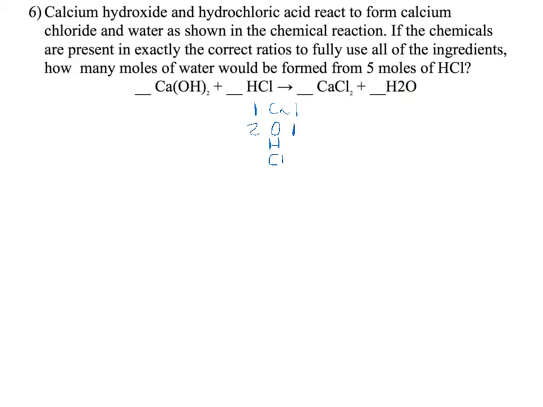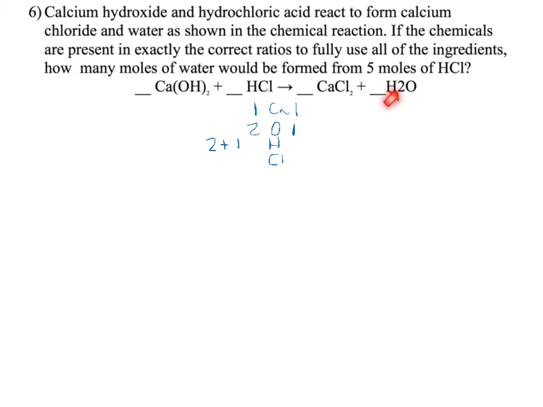And the hydrogens are a little bit trickier because we have a hydrogen here and we also have hydrogen here in this other compound. There's actually 2 here because remember this 2 goes with everything. So the way we write this is we say 2 plus 1. And then on the other side, we only have 2 hydrogens.